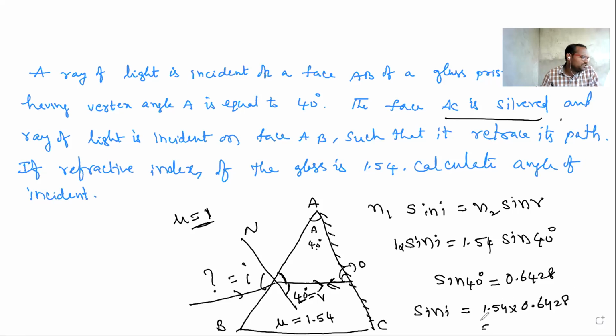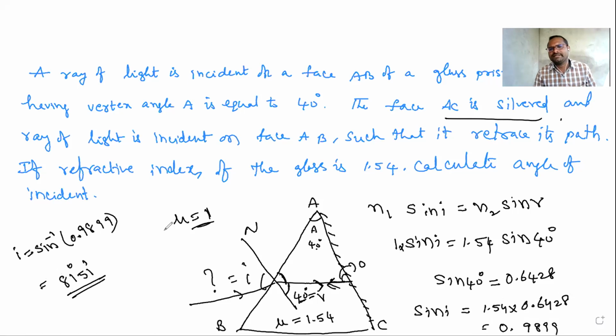If you multiply these two, you will get 0.9899. Now you find i. i is what, Anna? Sin inverse of 0.9899. So this value will be equal to 81 degrees 51 minutes, meaning 82 degrees around you will get.